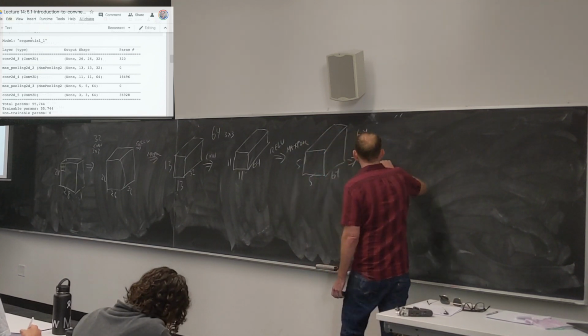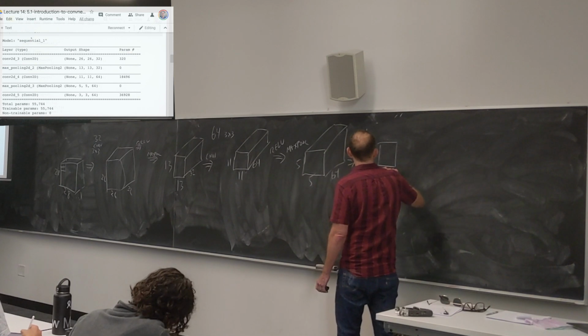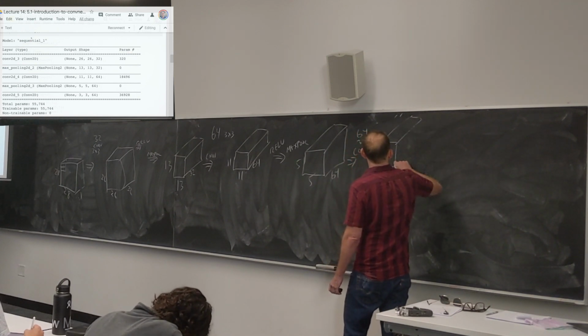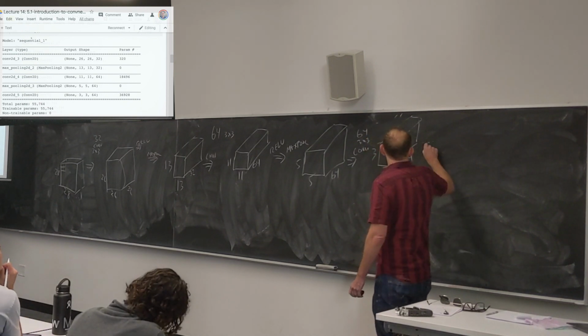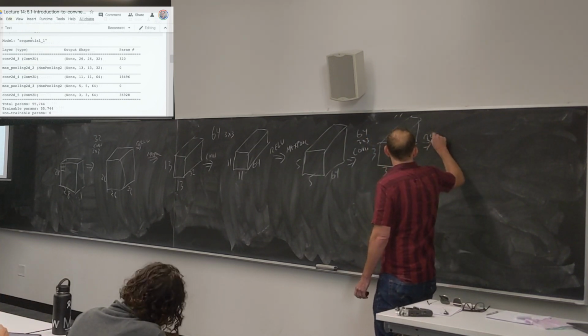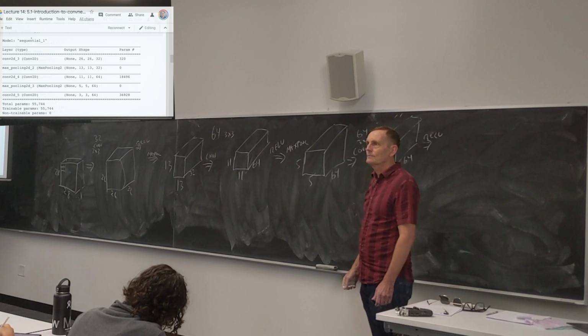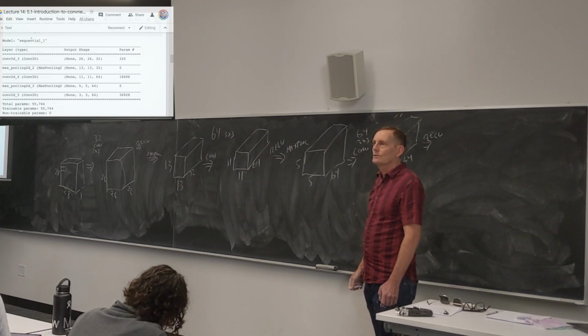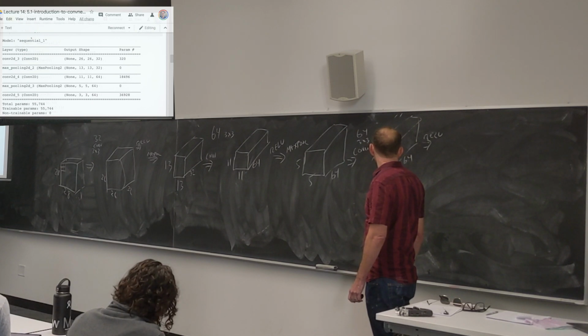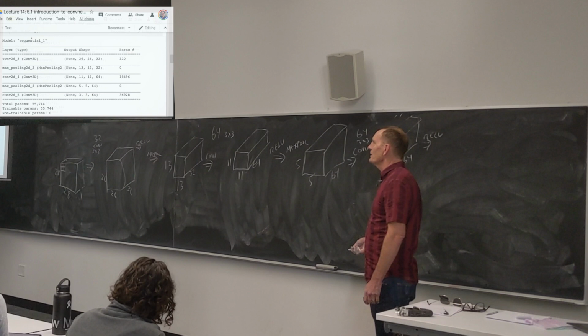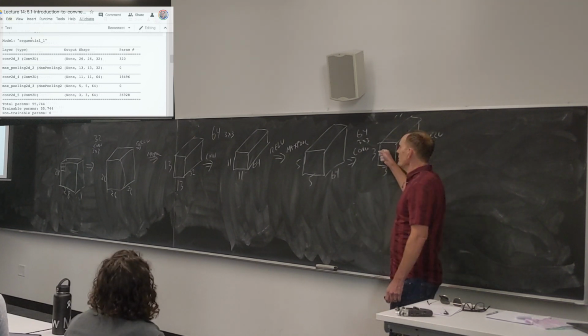So 3 by 3 by 64, followed by ReLU. So what we've got is basically 600 odd values here.